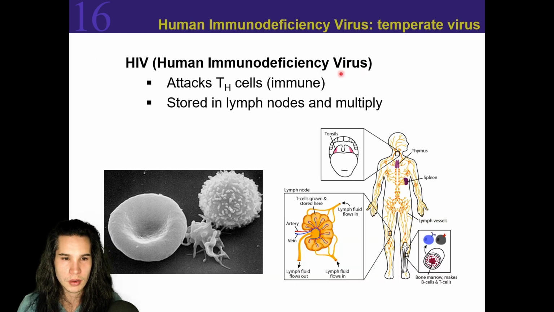So the HIV virus is specifically going to attack your T cells, which are an important type of white blood cell in our immune system. Those T cells are stored in the lymph nodes, and they'll typically multiply there. So they'll be infected, and then they'll multiply within those lymph nodes, which are all over your body. All of these little orange packets are going to be lymph nodes.